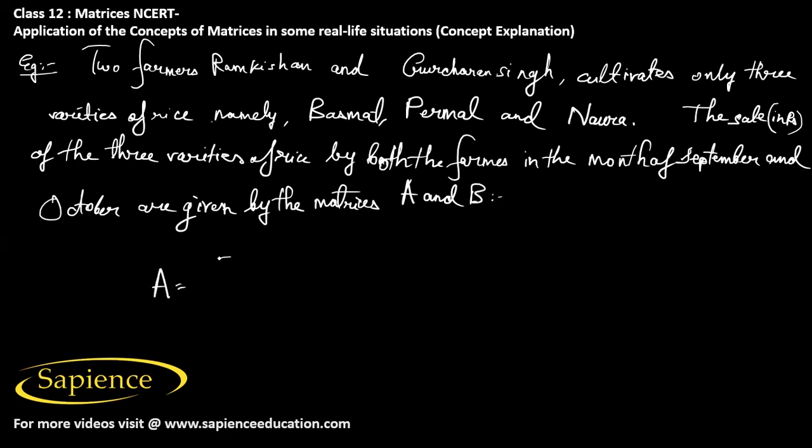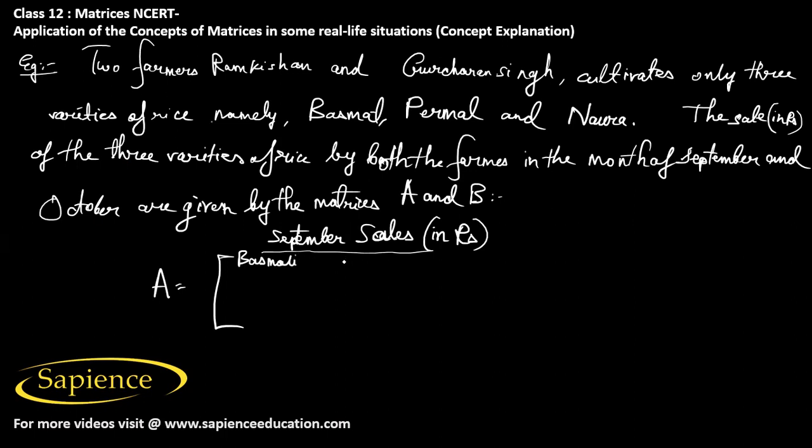So the matrix A, for September, the September sales in rupees for basmati, for permal, and for nora are given as 10,000.